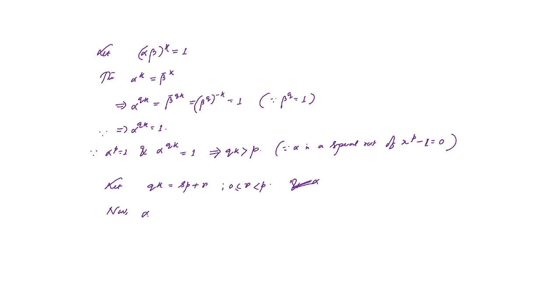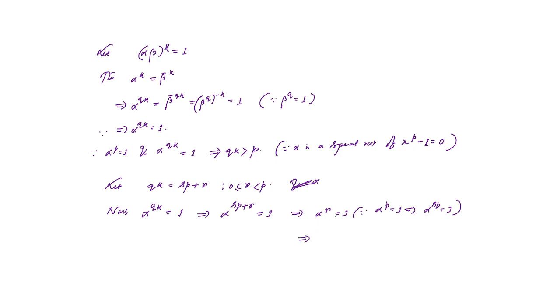Now we know alpha to the power qk equals 1, so alpha to the power sp plus r equals 1. Since alpha to the power p equals 1, alpha to the power sp equals 1.